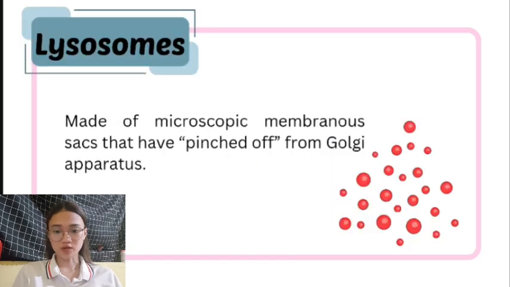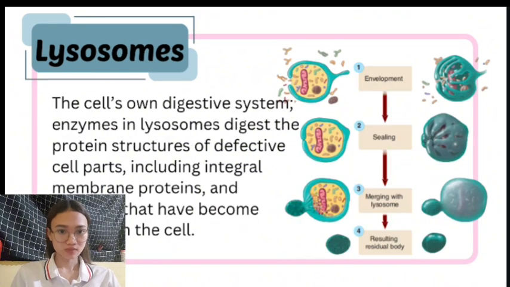Next, we have lysosomes. They are made of microscopic membranous sacs that have pinched off from the Golgi apparatus. So, si lysosomes are formed by the vesicles that pinch off or humiwalay doon sa Golgi apparatus. Next, the cell's own digestive system.